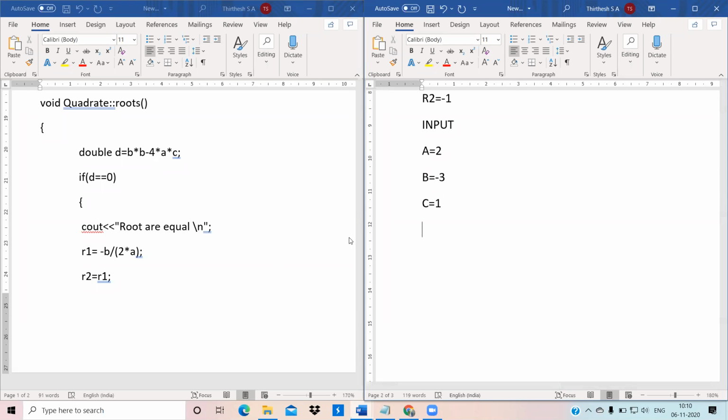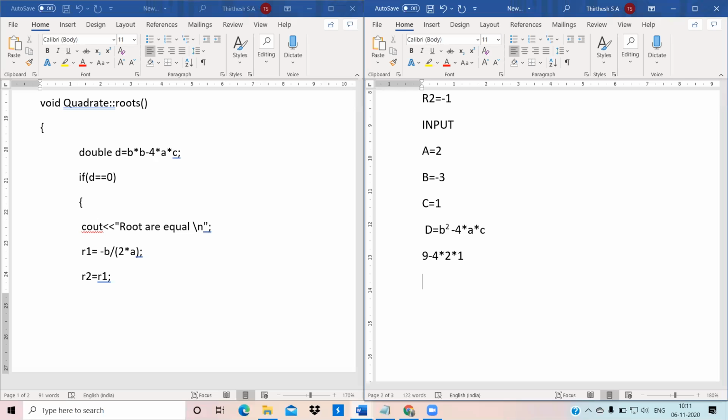Now again you are going to check double d is equal to b square minus 4ac. So b square means minus 3, 3 3s are 9, minus 4 into a, which is 2, into c, which is 1.